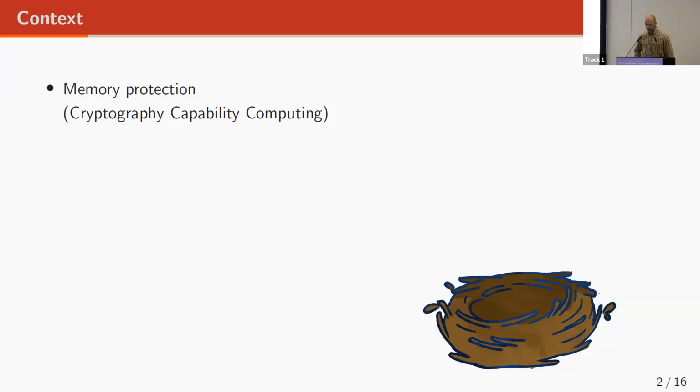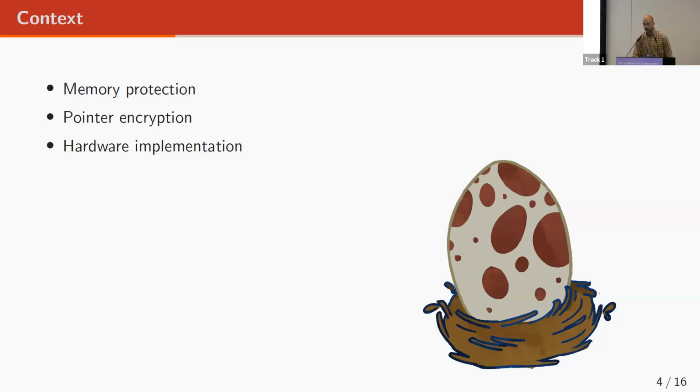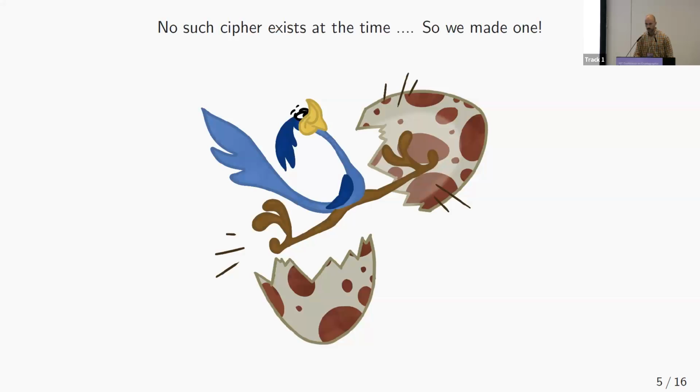In this architecture, they needed a low latency tweakable block cipher to encrypt pointers in order to do randomization. They designed a cipher named K-cipher, but there were some issues with this. So they asked us to design something to do pointer encryption for hardware implementation. And since there was nothing else meeting the security and performance requirements that they had, we had to design something. So we created something new.